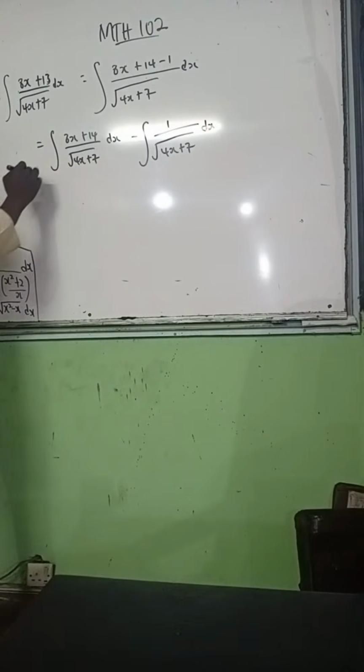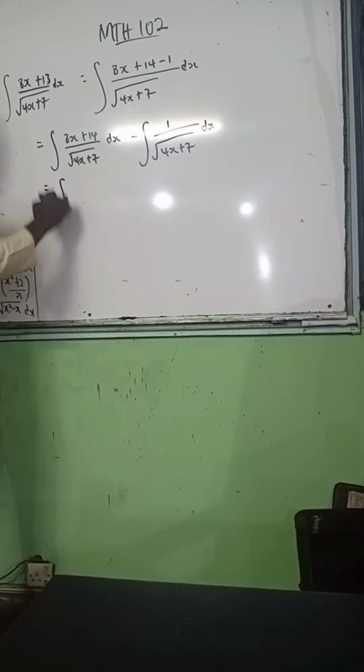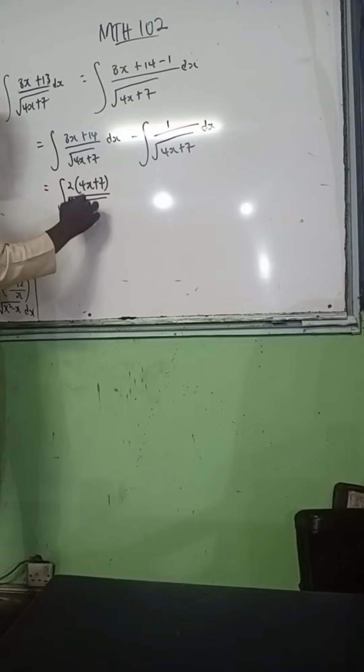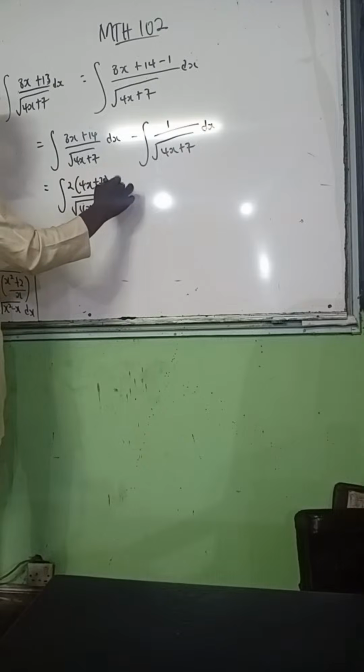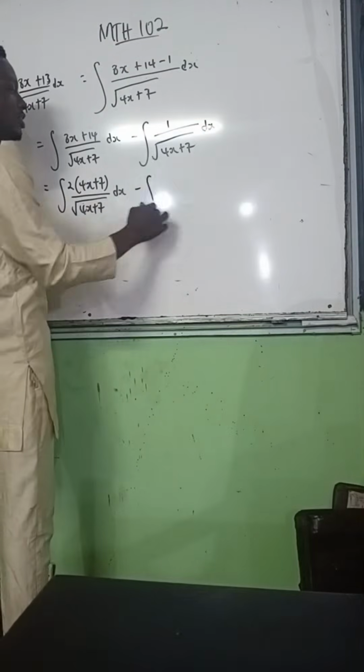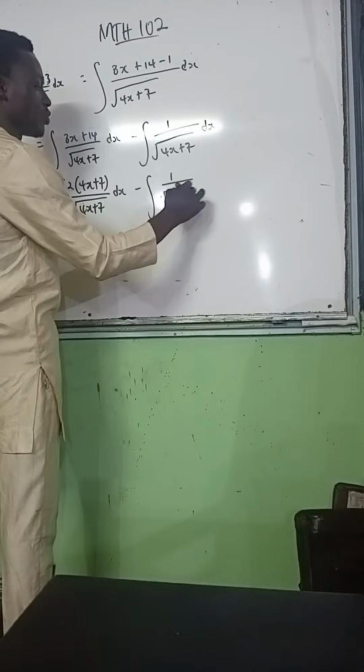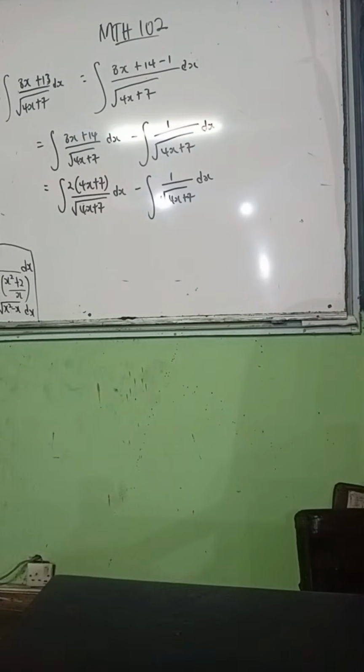So here now we can say this equals integral of 2 times 4x plus 7 over root 4x plus 7 dx minus integral of 1 over root 4x plus 7 dx. Making sense? So 2 is constant.